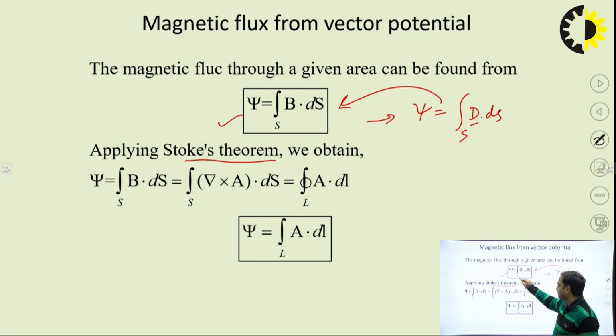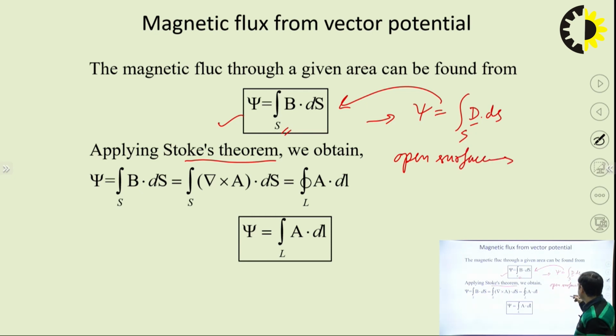Because this is the open surface, and I said in the previous cases as well that an open surface can be obtained from the closed path. And when we have the closed surface, we are getting the volume.